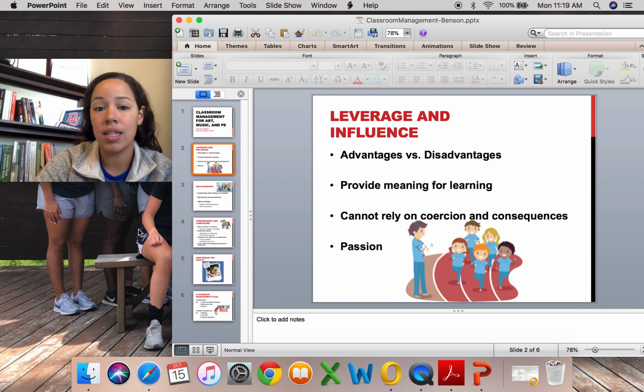If they don't see this meaning, they aren't going to take the class seriously and they're not going to take the teacher seriously. So every day, the teacher has to make sure that although people might not see these classes in the same way that they do with math or reading, these classes are still very, very important, and you have to be able to show the students why if you want to gain that influence over them.